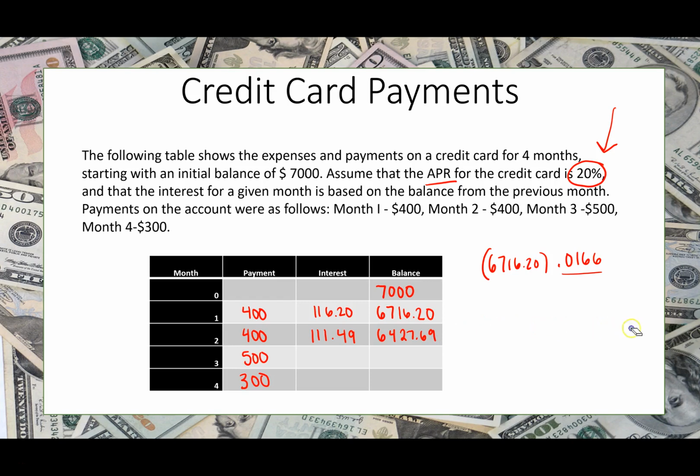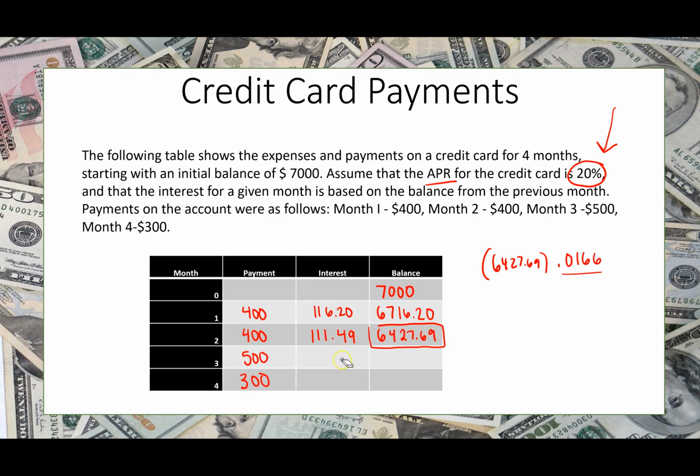All right, now how do I get my interest for the next month? Well, I'm going to take this value right here, and multiply it by that 0.0166. So that's going to be 6427.69 multiplied by 0.0166.